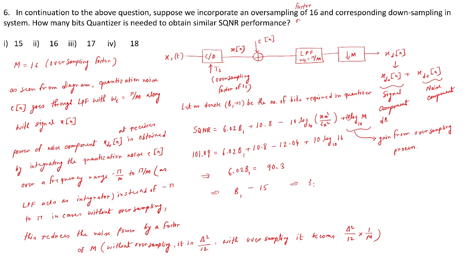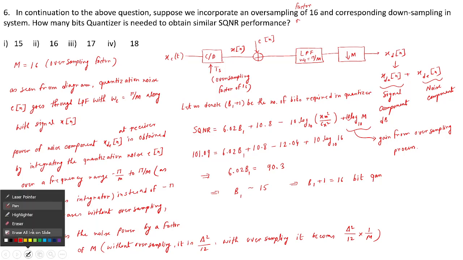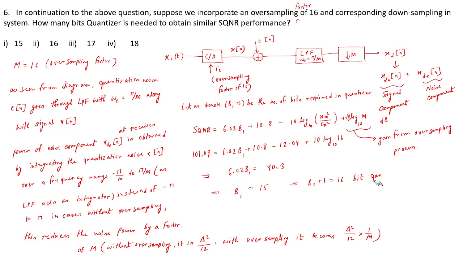That means b1 plus 1 is equal to 16 bit quantizer we need.